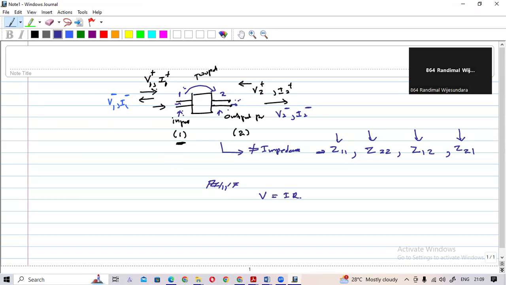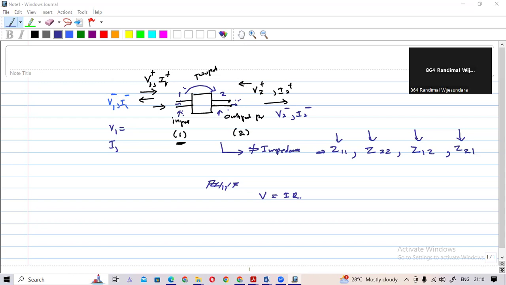So here there is a total voltage V1 and total current I1. What is V1 equal to?